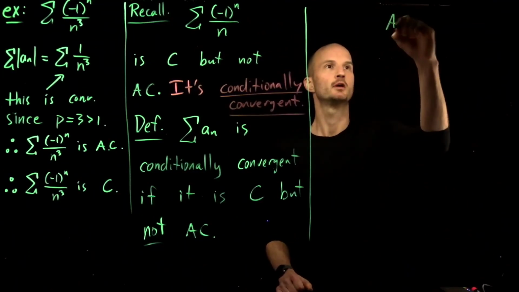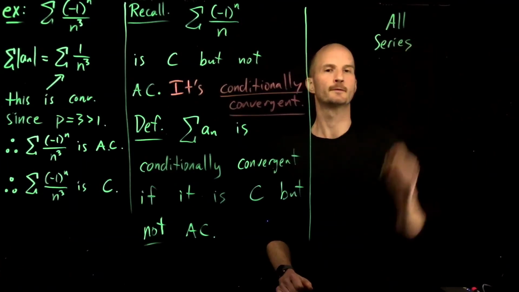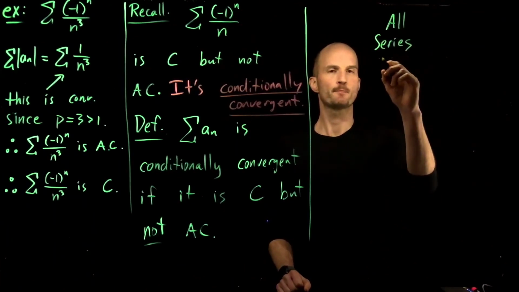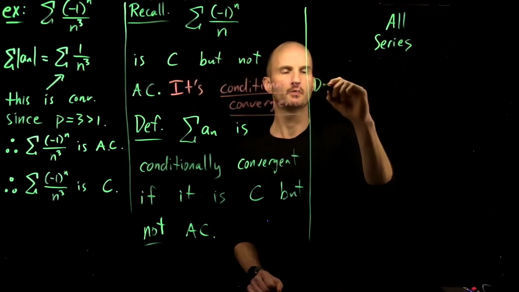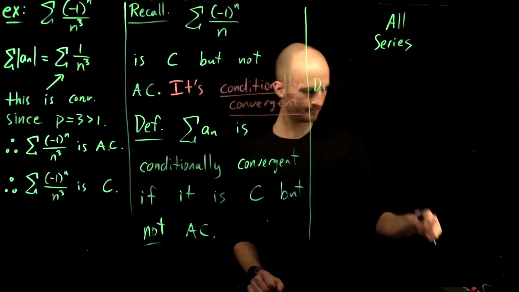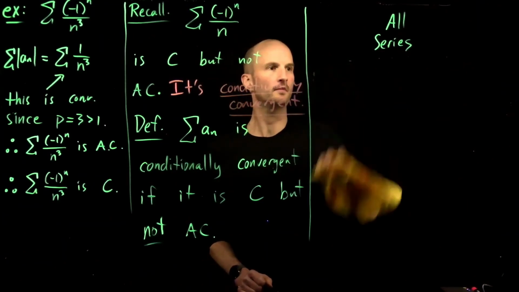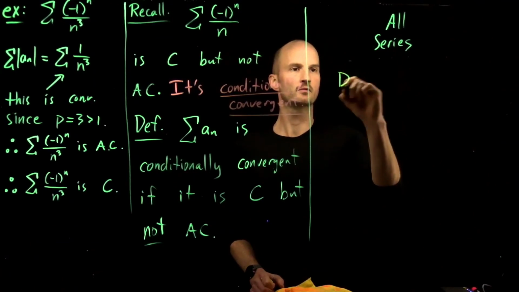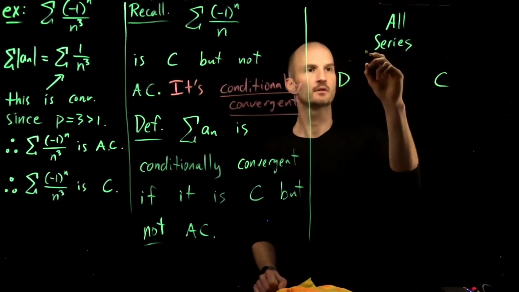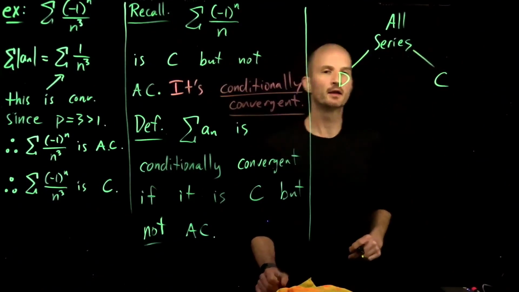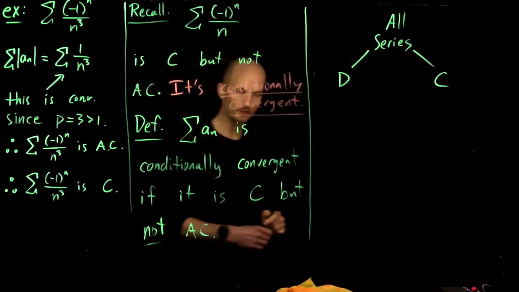So let's say all series are either, let's use the acronyms here, divergent or convergent. So we'll do a little tree diagram. Every series is either divergent or convergent. It's got to be one of the two.